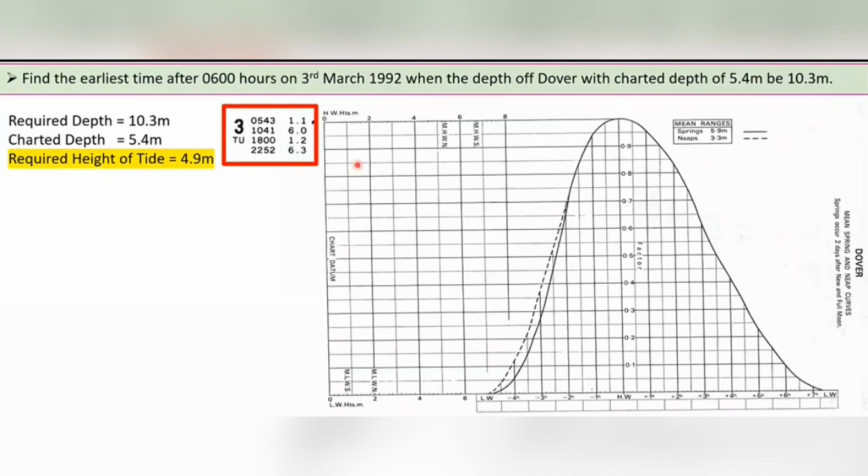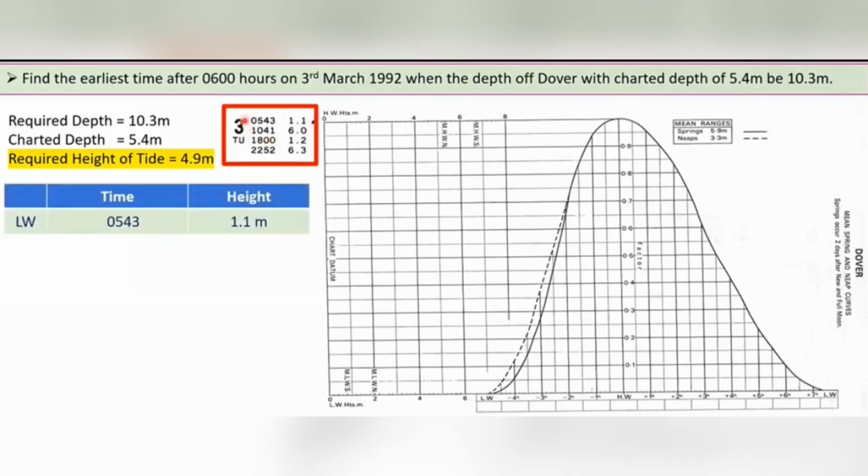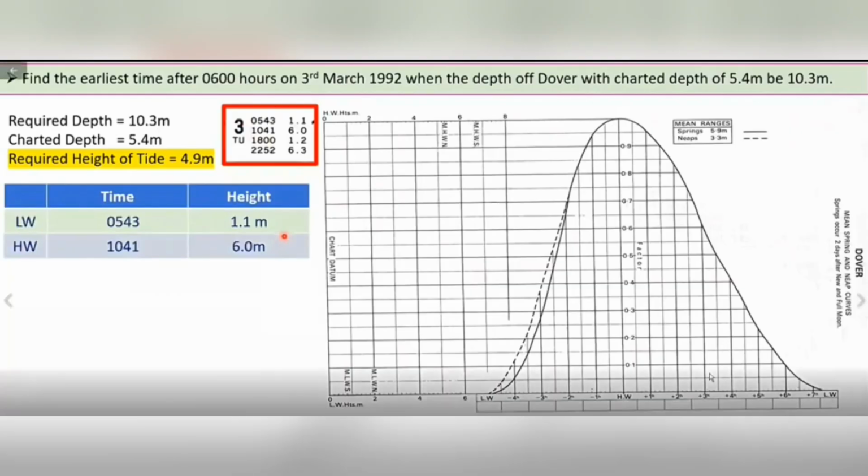So since we want this time after 0600 hours, so if you see this daily prediction, obviously the time we are looking at is the time when the required height of tide shall be 4.9 meters between the low water at 5:43 and high water at 10:41. So these two would be the tides of interest. So we have the low water at 5:43. यहाँ पे क्वेश्चन है Height of low water tide is 1.1 meters.